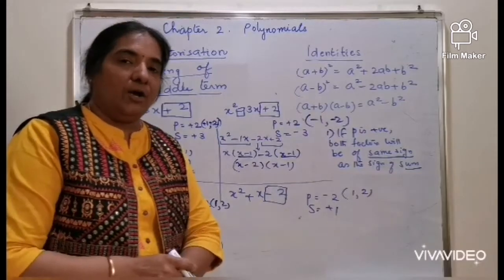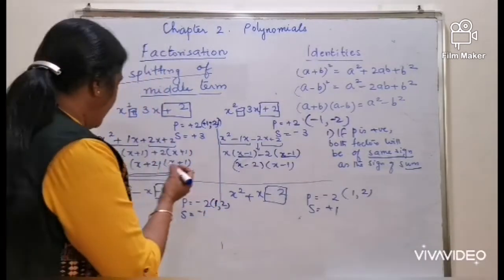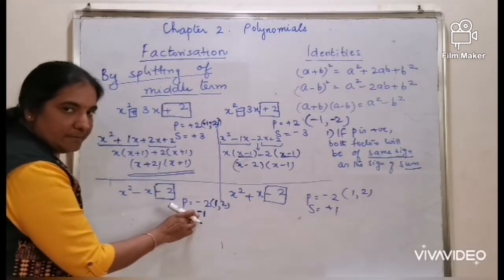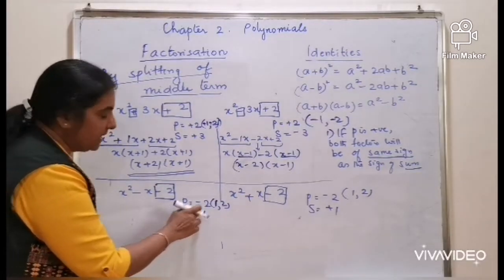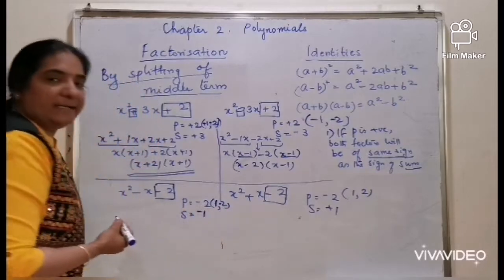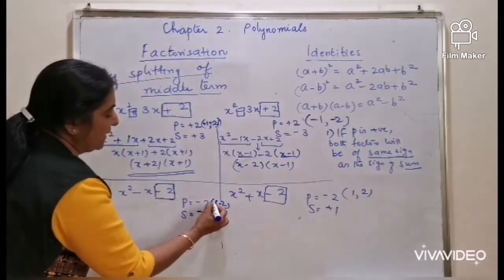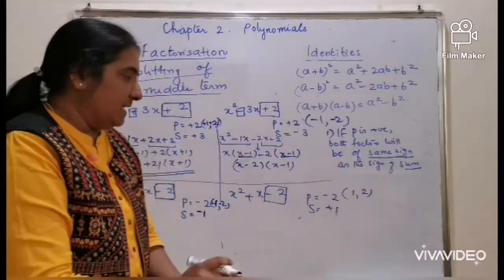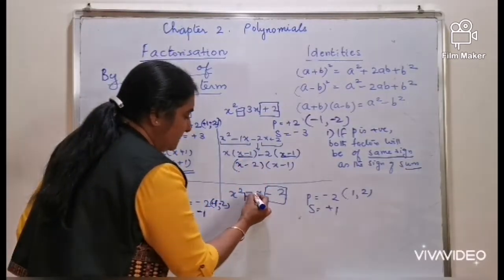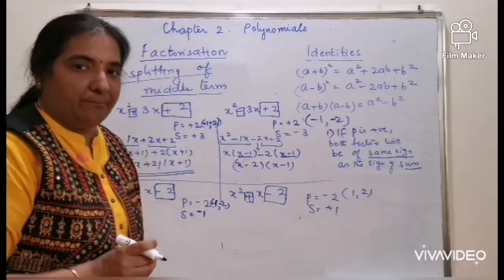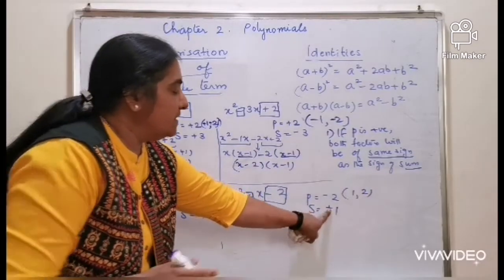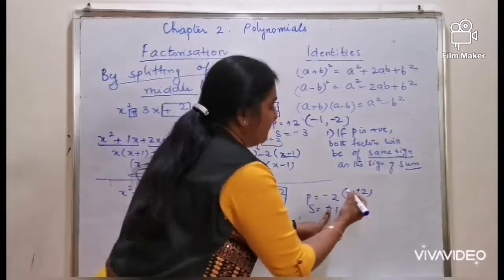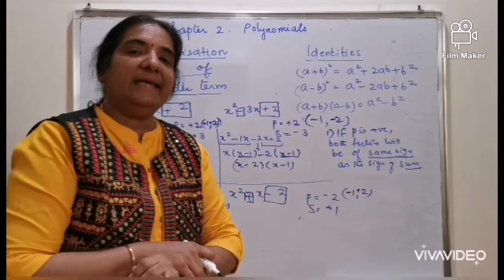How do you allot the sign? If you take the sign of the sum, here it is negative. The bigger factor will take that and the other factor will get the opposite sign. Similarly, if the sign allotted to the sum is plus, the bigger factor will take that and the smaller factor will be the unlike sign.